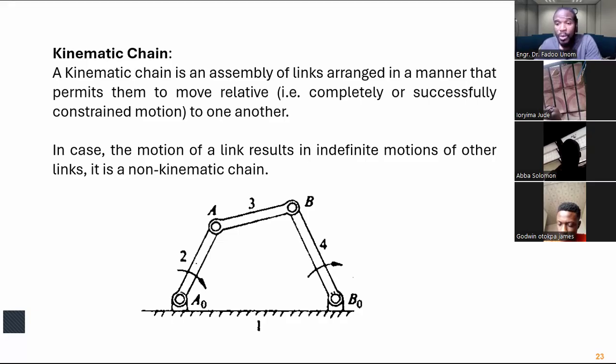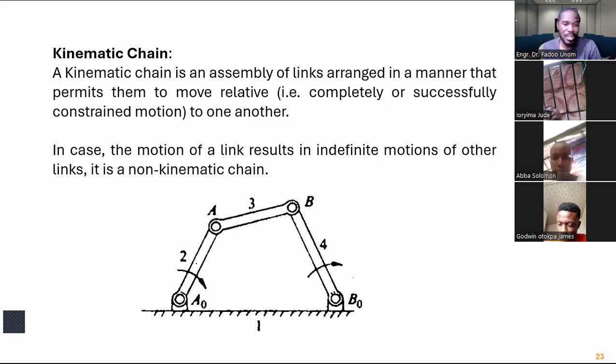When we come to a kinematic chain, this is when you have an assembly of many links, and they are arranged in such a way that they allow relative motion between themselves.